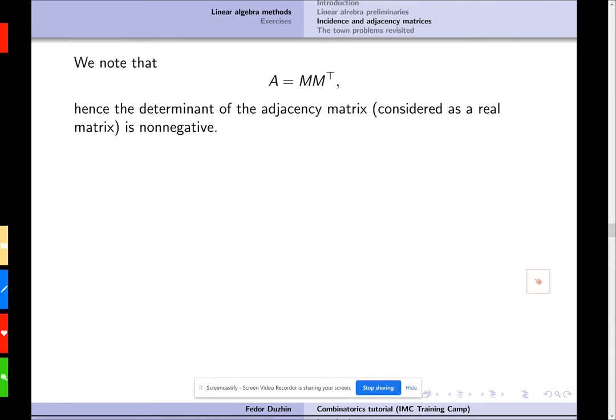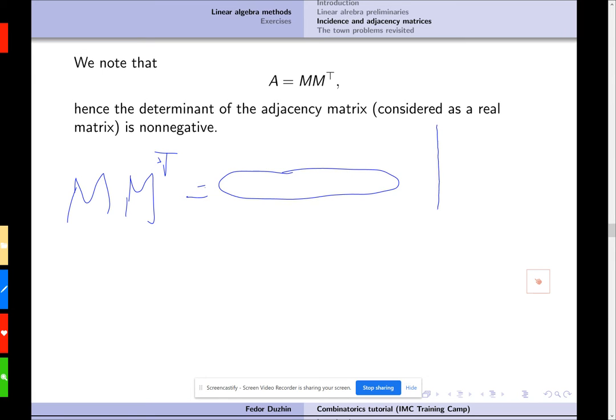Well, but then if you think about it, the adjacency matrix is just the incidence matrix times the incidence matrix transposed. Right? So why is this true? Because, so what are the entries of the matrix M times M transposed? These entries are rows of matrix M times columns of matrix M transposed, which are again rows of matrix M, right?